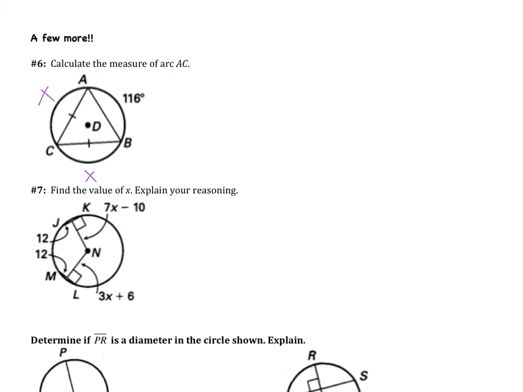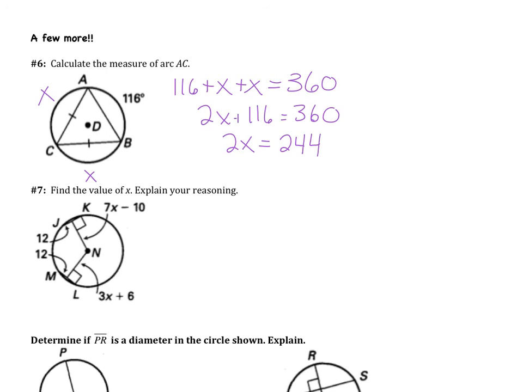So I know that the sum of these three angles, 116 plus x plus x, because they form a circle, is 360. So 2x plus 116 equals 360. 2x is going to equal 244, and x is equal to 122. So therefore, the measure of arc AC is 122 degrees.